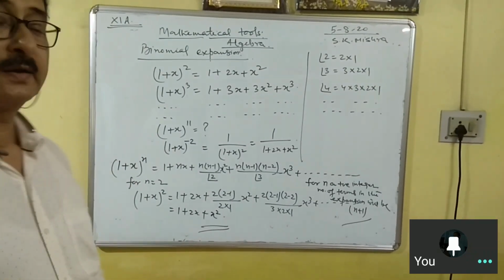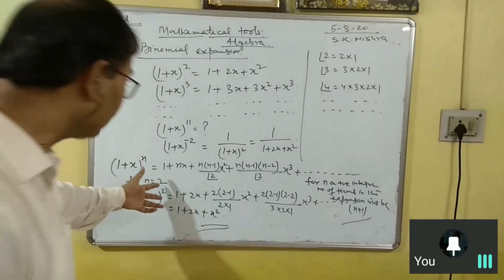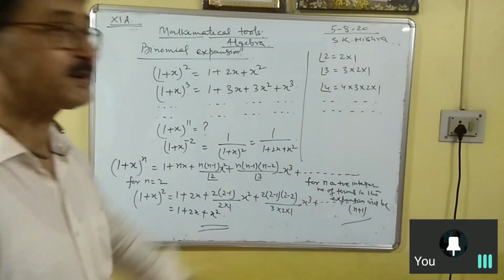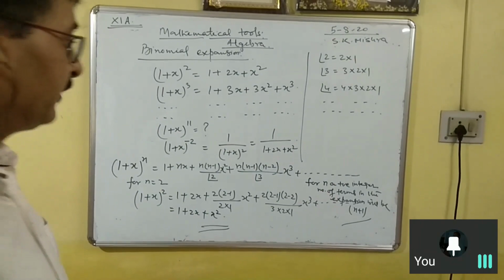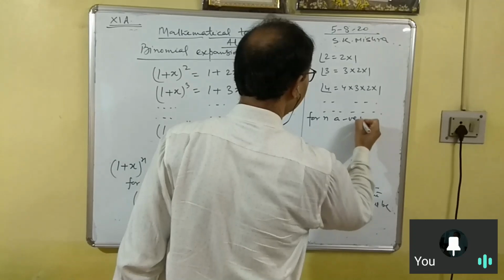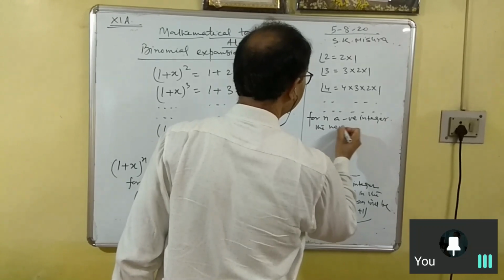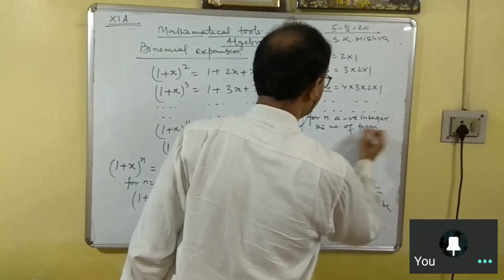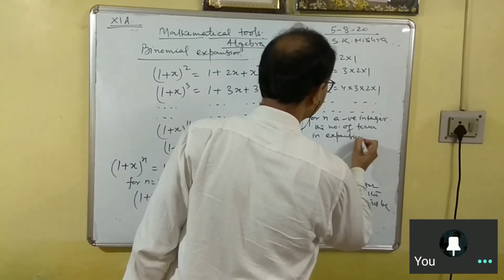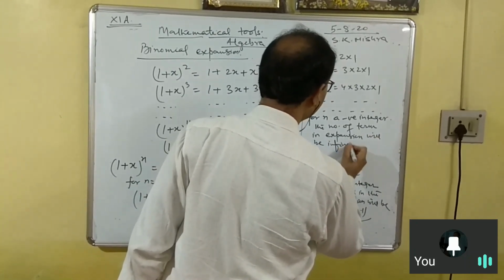But if the power is negative, or if the power is a fraction, like 1 by 2, like minus 1 by 2, then the number of terms in its expansion will be infinite. So write somewhere, for n a negative integer, the number of terms in the expansion will be infinite. Infinite number of terms will be there.